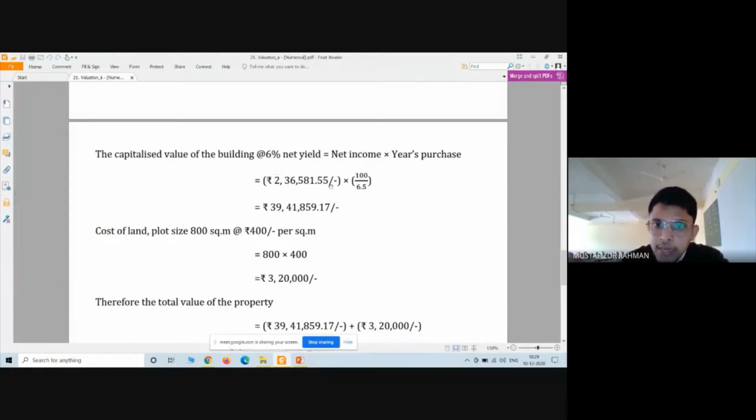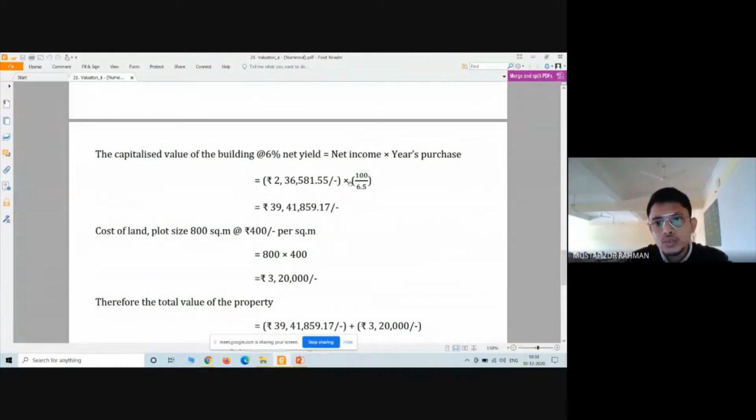So the net income multiplied by years purchase. What is years purchase? How much money I still have to keep in a bank to get rupees 1 as interest, or rupees 1 as an income. So this is years purchase. What is my net income? This is my net income. Net income multiplied by years purchase will give me this much amount in the bank, which is giving me this net income.